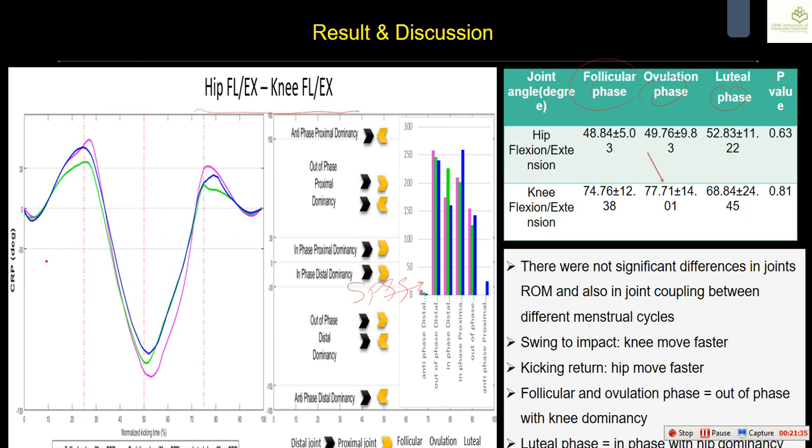Also, we couldn't find any significant differences in CRP in hip flexion extension and knee flexion extension during different menstrual cycles.